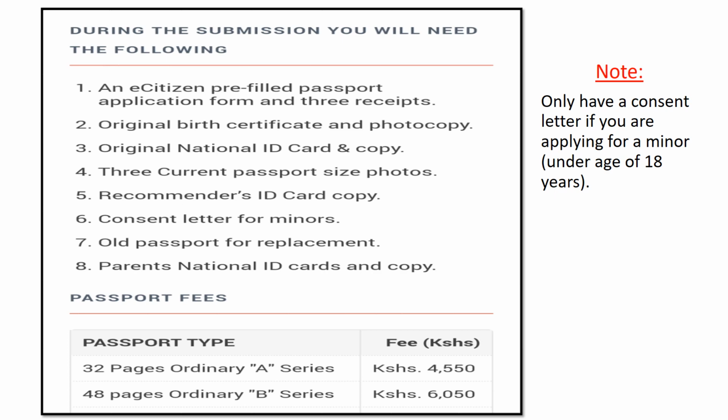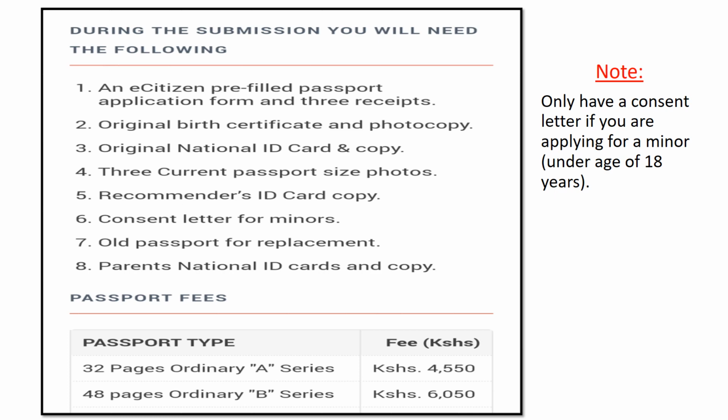Number 7 is an old passport for replacement. If you are replacing your passport, make sure you carry with you the old passport so that they can replace it with a new passport. Number 8 is the parents' national ID cards and copy. Make sure you have your parents' ID cards and photocopies of the same. You can just have one photocopy of each.